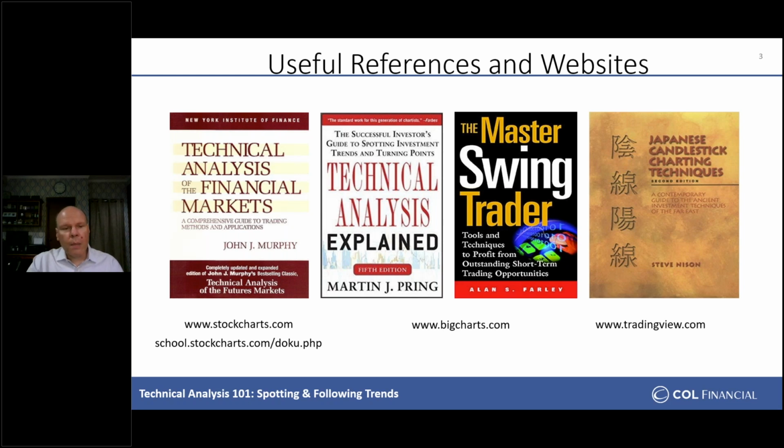They're pretty thick, but these 2 authors, John Murphy and Martin Pring, are pretty much the bedrock of what technical analysis is all about. I would prefer you read the first rather than the second, because the second is very detailed and it's written in such a way that it might take some gearing on your end. So John Murphy has a much easier English style, so you might really want to look at that.